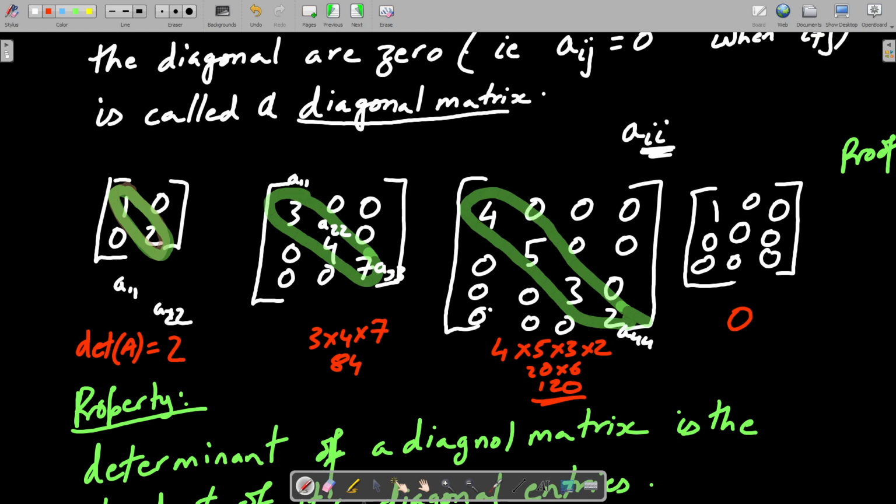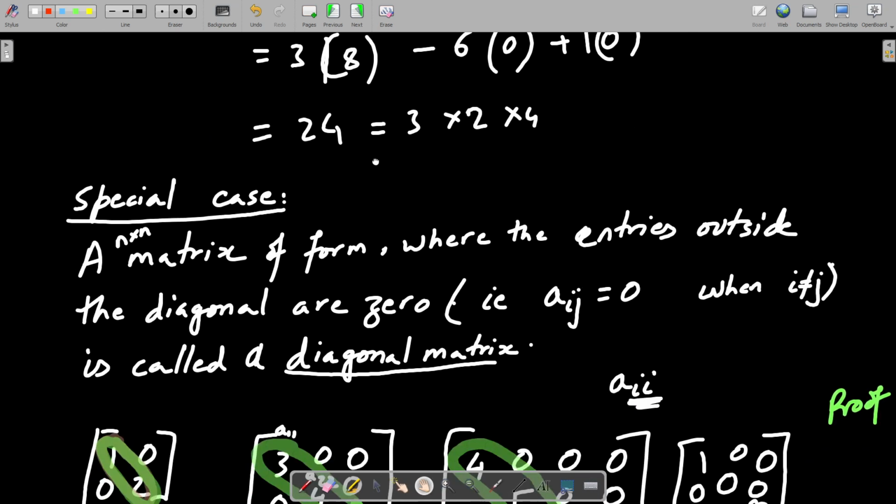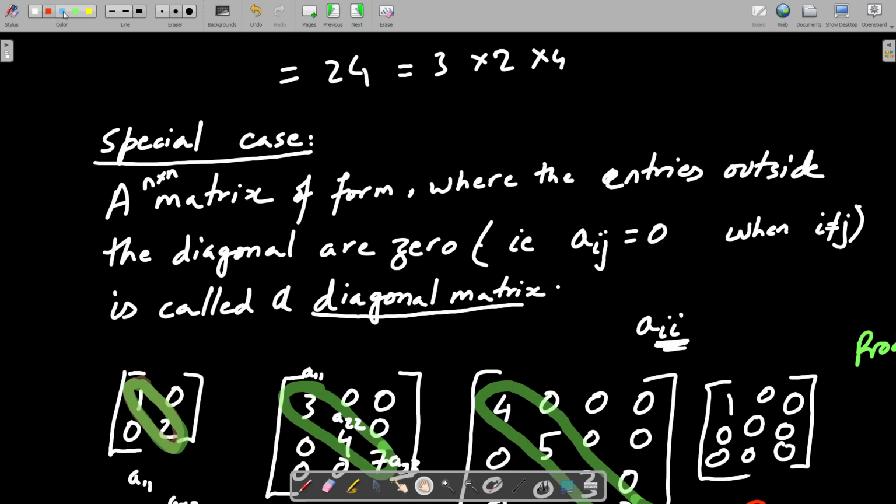Okay. Next. Next special case, write 1 over here. This is case 1, you can see. Call this case 1 where we define the diagonal matrix.